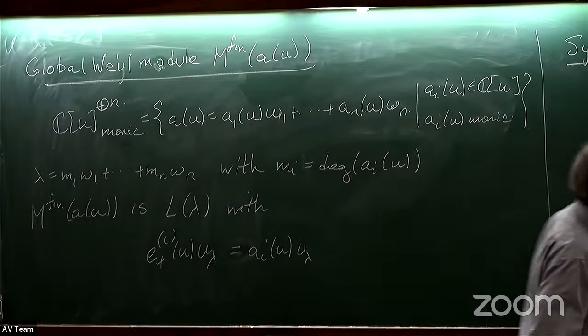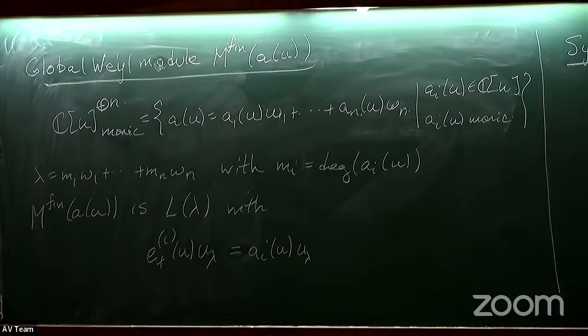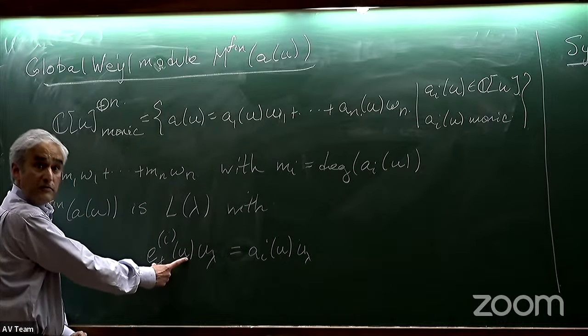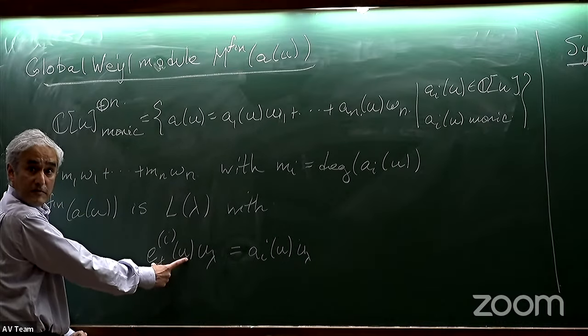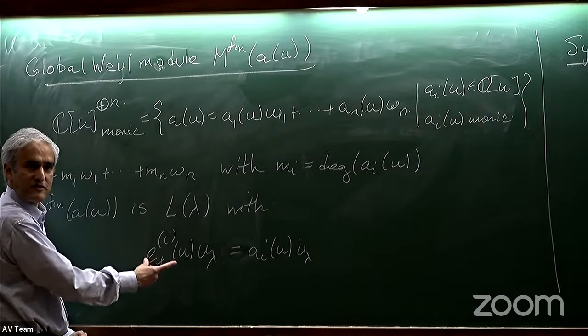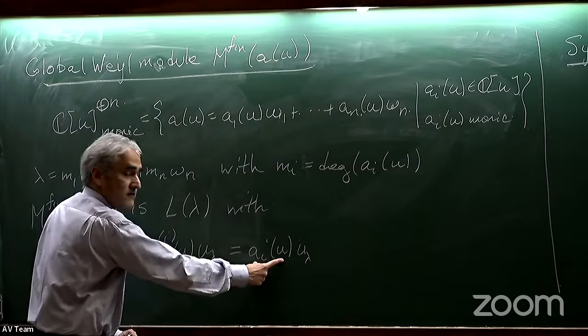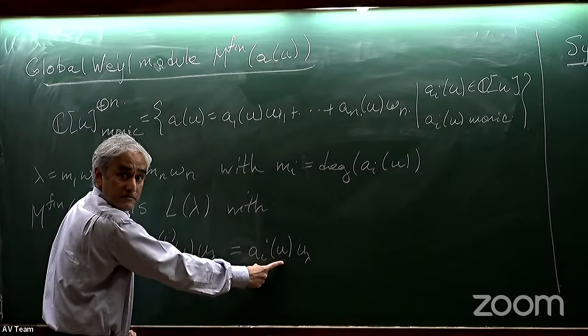Did I call it U lambda? Yeah. So what's happened? Here, these were some formal generators of my algebra. I was thinking of them as symmetric functions, but they were just formal generators of the algebra. Here, this is an actual polynomial.